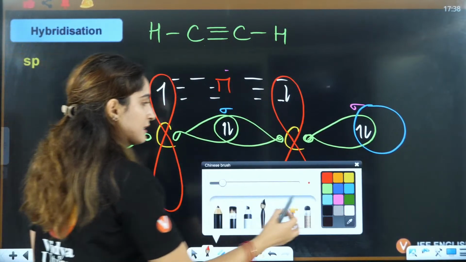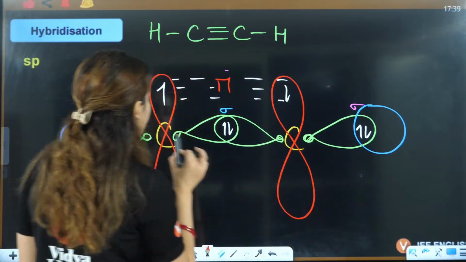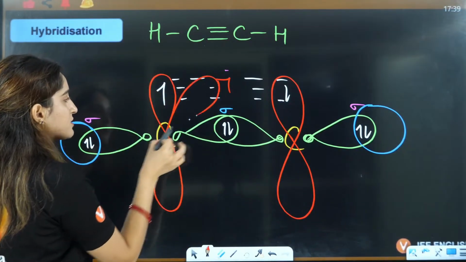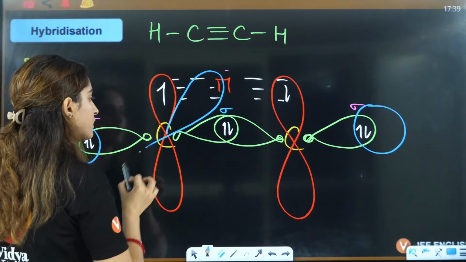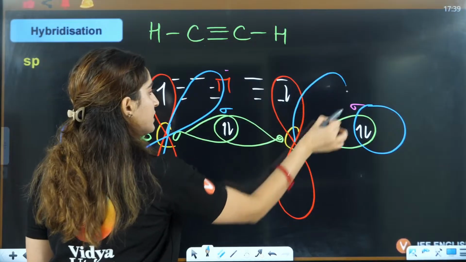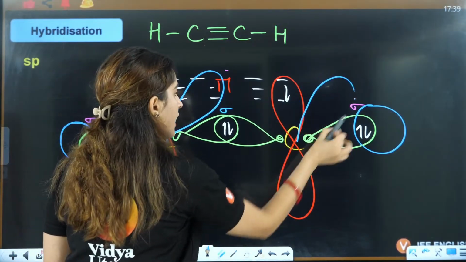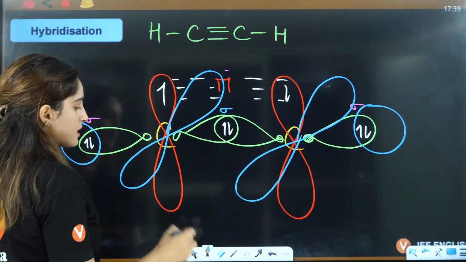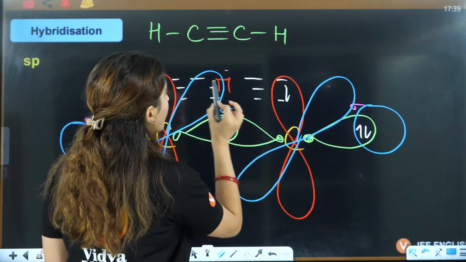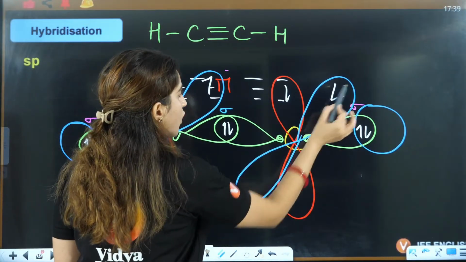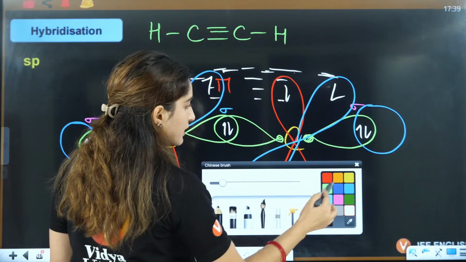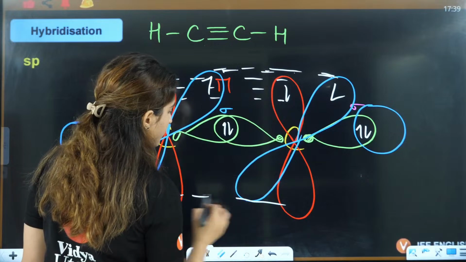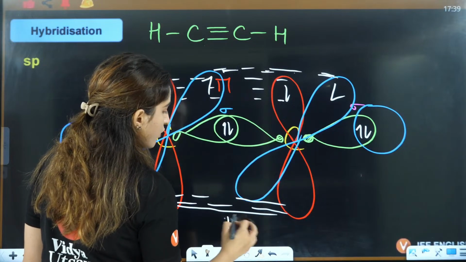Then there will be one more, that is pz and pz. These two pz orbitals are also going to overlap and give you another pi bond.